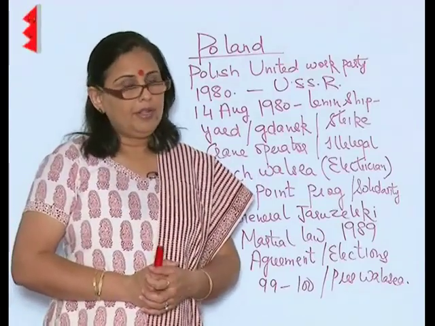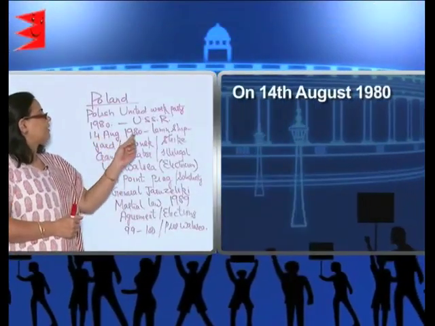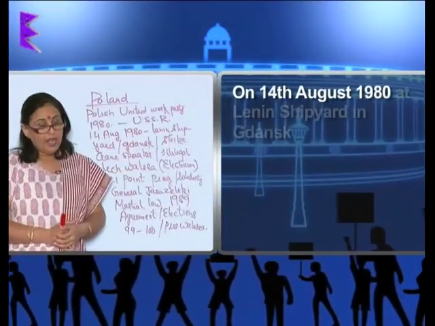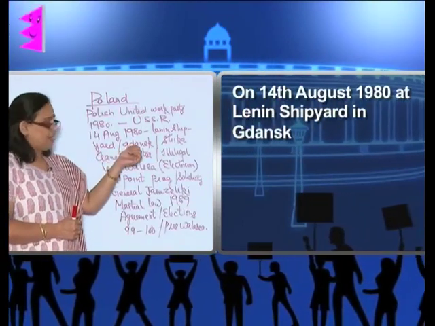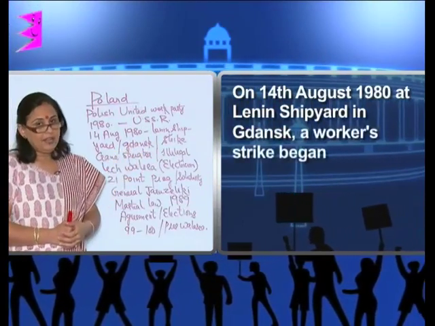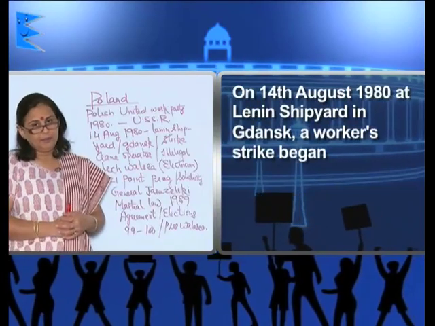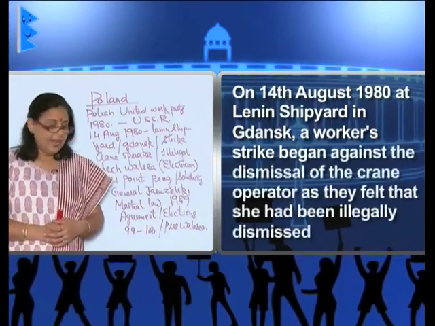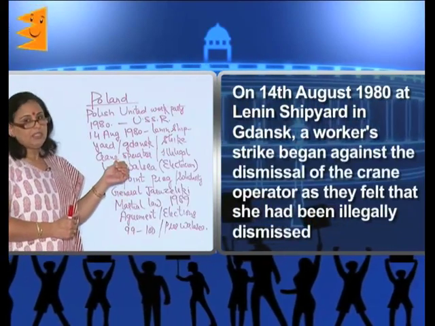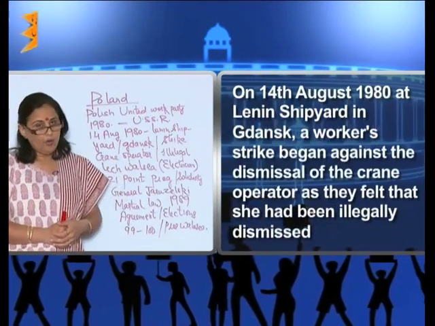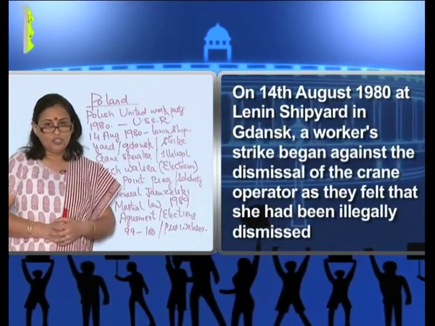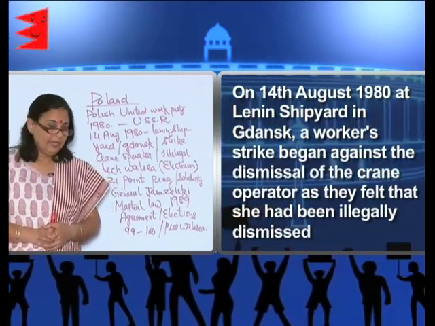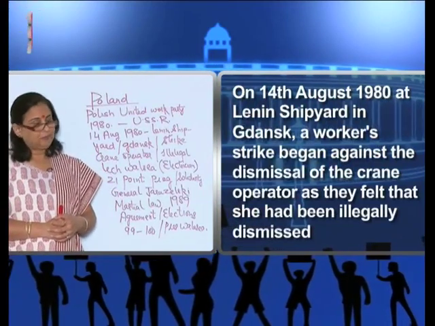On 14th August 1980, at the Lenin shipyard in the city called Gdansk, a strike of the workers began. It was against the dismissal of the crane operator, who was a woman, and they felt that she had been illegally dismissed.